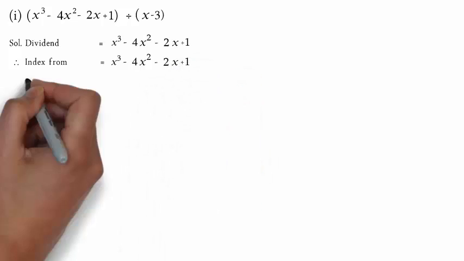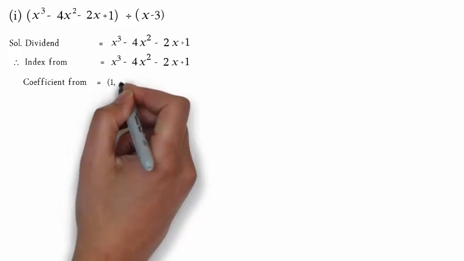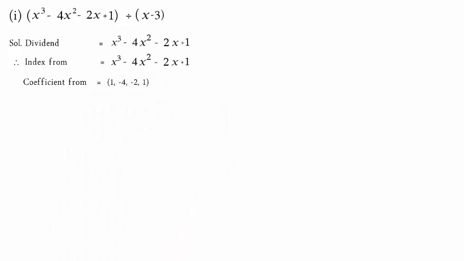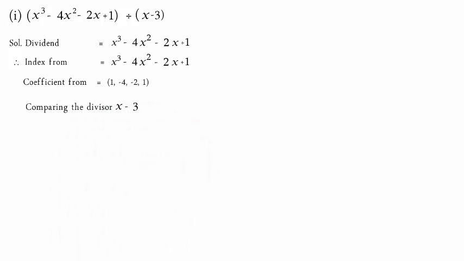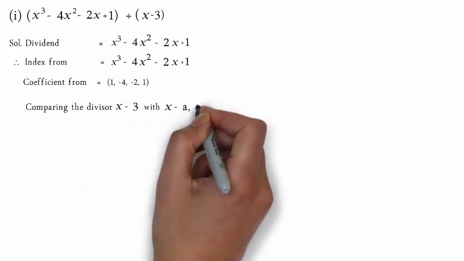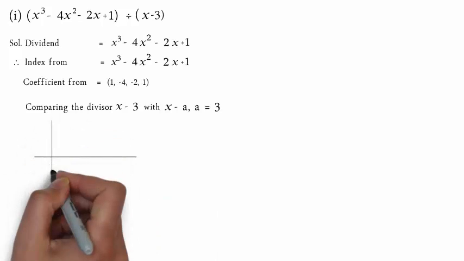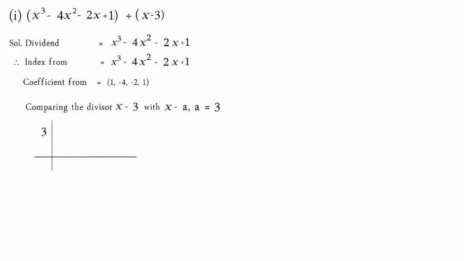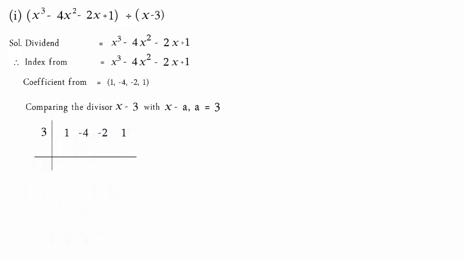The coefficient form is 1, minus 4, minus 2 and 1. Comparing the divisor x minus 3 with x minus a, a is equal to 3. Now we can perform synthetic division. Here 3 is the divisor. The dividend is the coefficients of the polynomial, that is 1, minus 4, minus 2 and 1.